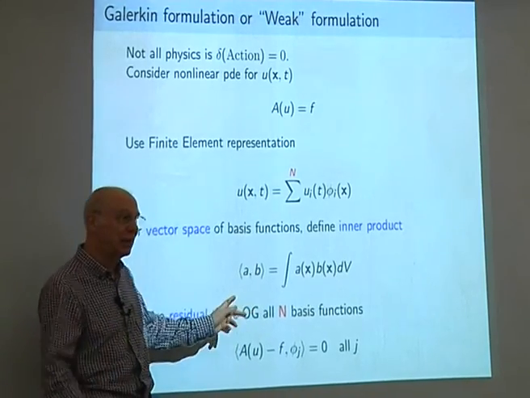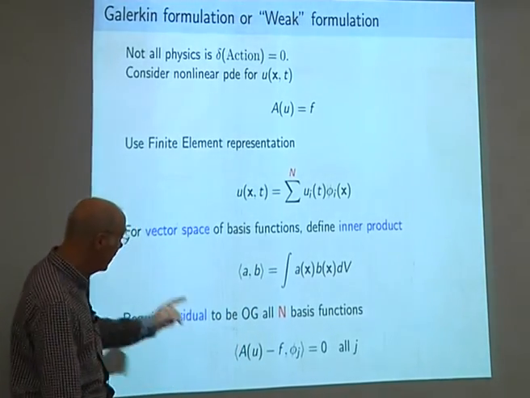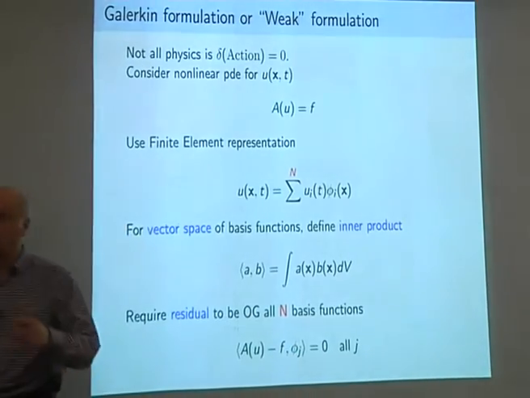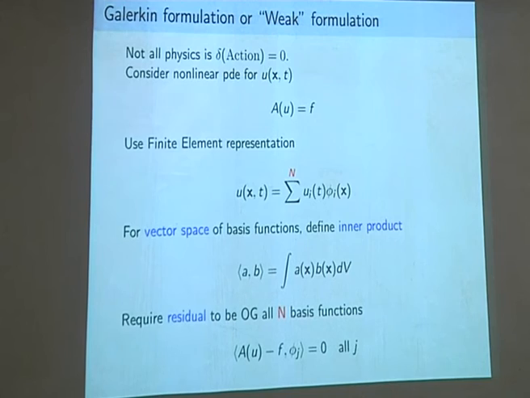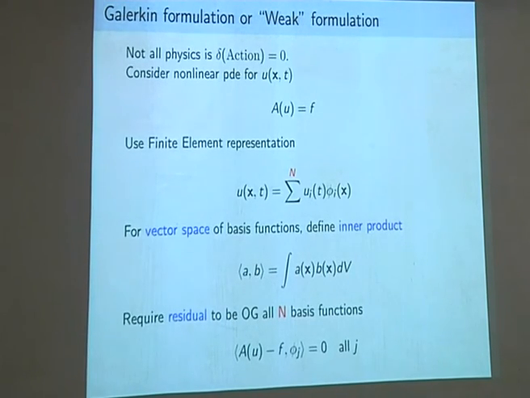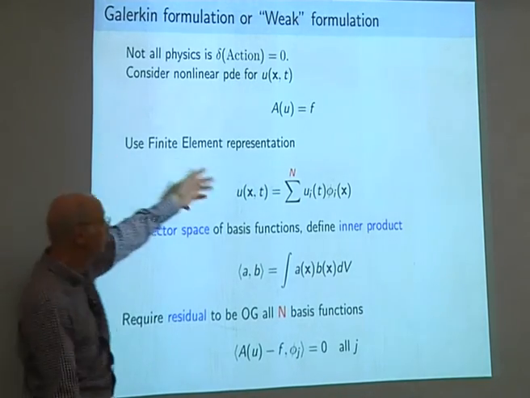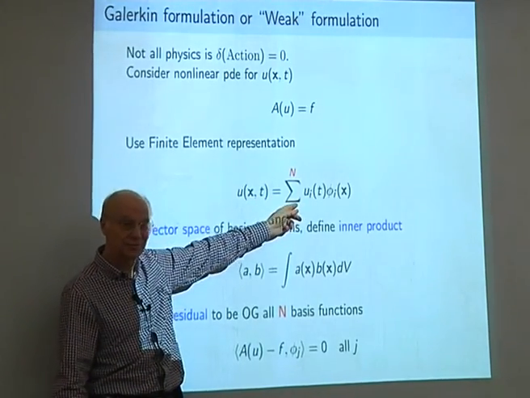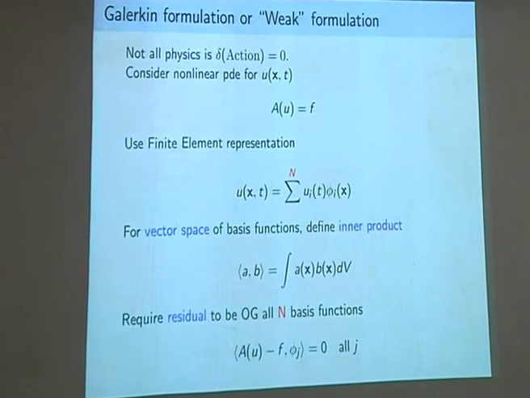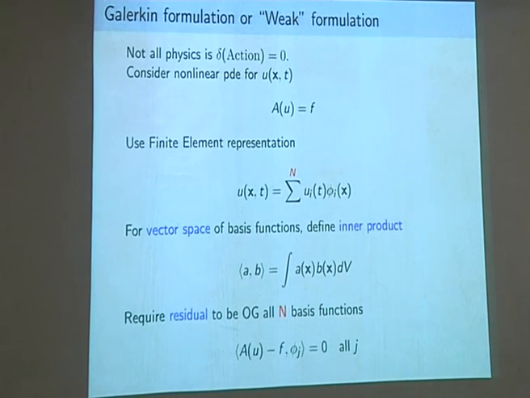It's saying, please, the residual has no component in the direction of not just one basis function, but all the basis functions. There's no way we can satisfy the governing equation in more directions than we're using, and we have a finite element with a finite number of basis functions. So please can the residual be 0 in all the directions I can look.